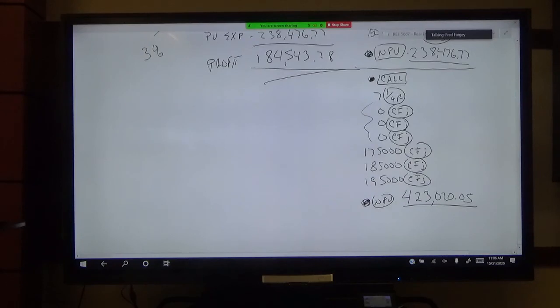Because the problem is, and what Alex is getting at is, hypothetically, let's say we have a property, and this is a very real possibility, that you spent $100,000 buying it.